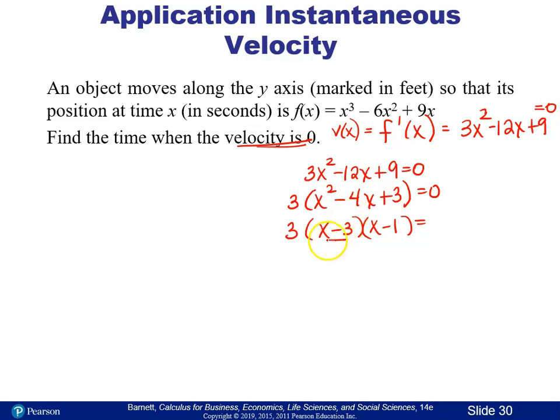Okay, so we're going to set each factor equal to 0. So I'm going to find that at 3 and at 1 second, that's when the velocity is 0.